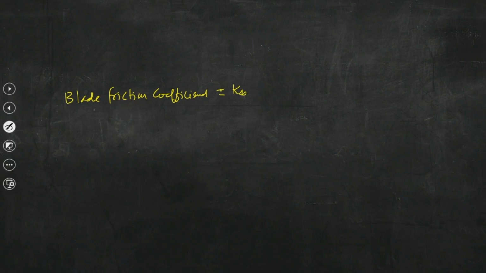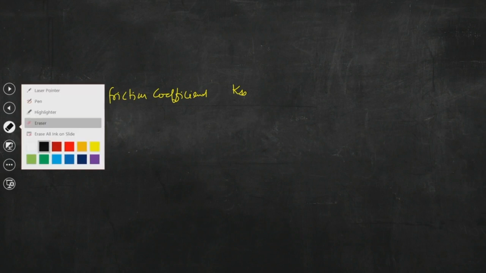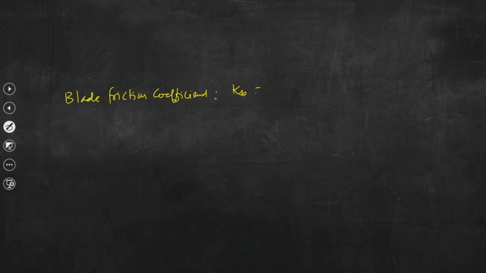So, we can define the blade friction coefficient Kb equal to W2 by W1.